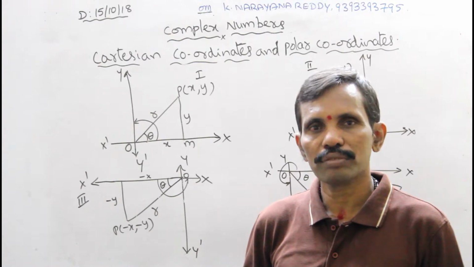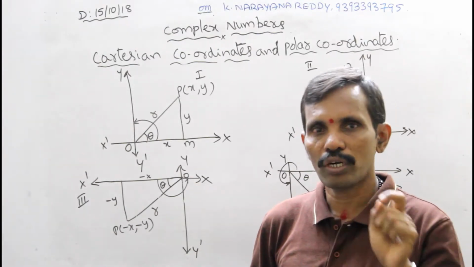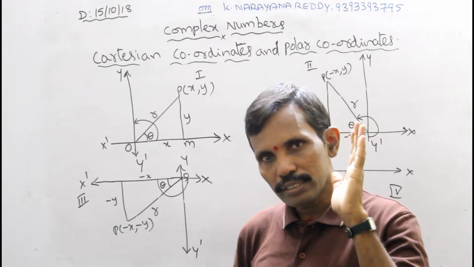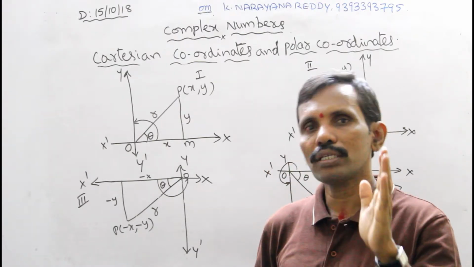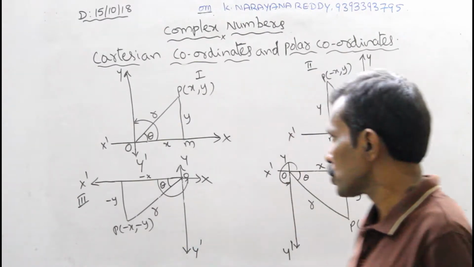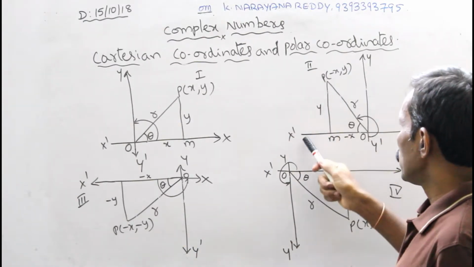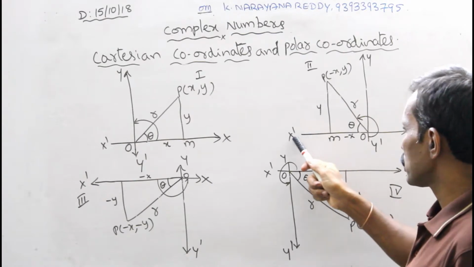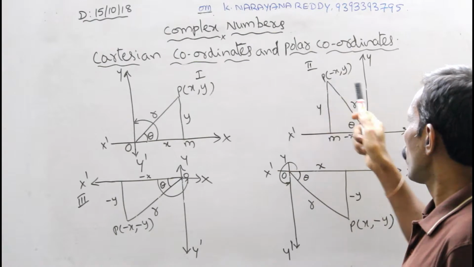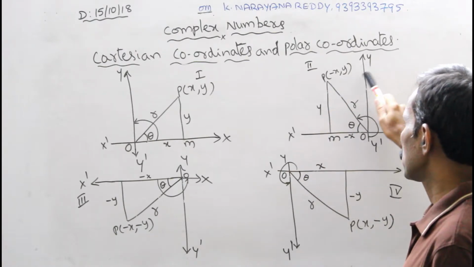Always X coordinate, Y coordinate. So what is the sign for the X coordinate and what is the sign for the Y coordinate? That you have to remember. For the X coordinate here the symbol is minus, X dash means minus X. For the Y coordinate, the symbol is plus.